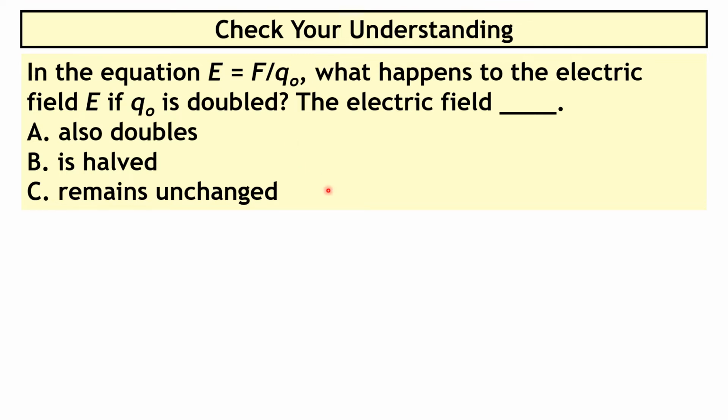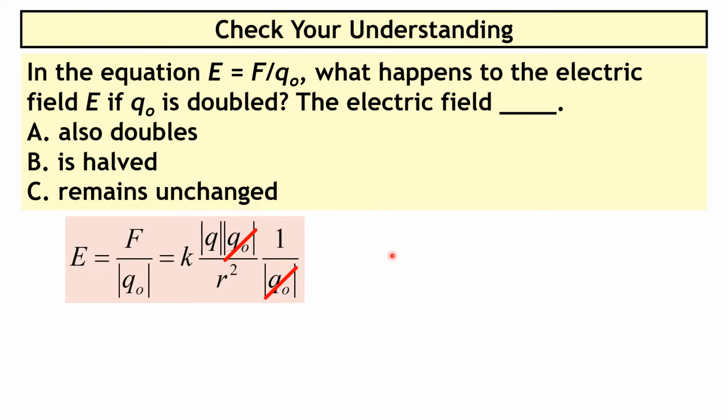But, here is where the but comes in. If you recall, in part 2 of my lecture tutorial on electrostatic force, I introduced the formula for finding the electrostatic force F, which is equal to K times the product of the absolute values of the two charges Q and Q naught divided by the square of the distance that separates the two charges.